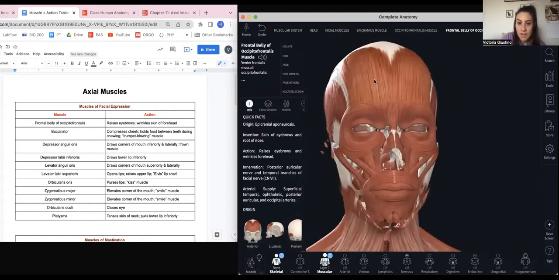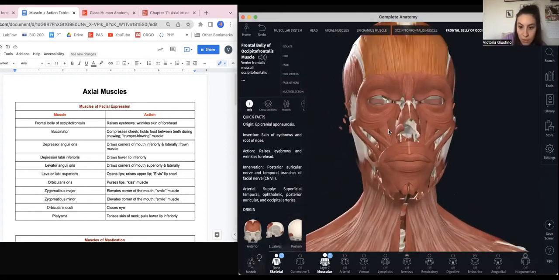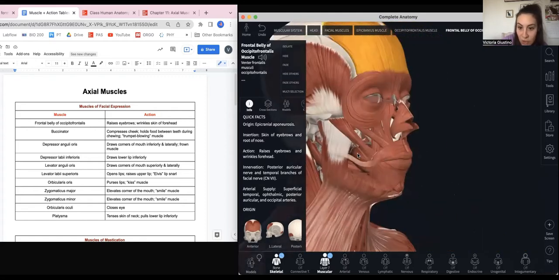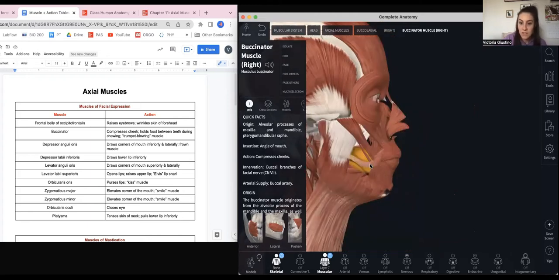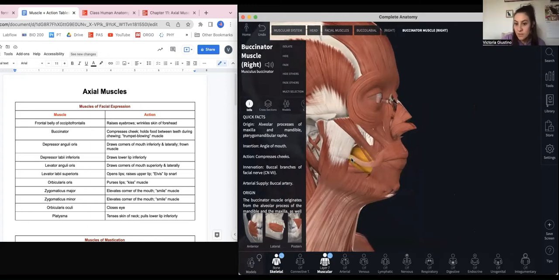All right. So our next muscle then is the buccinator muscle here. This one originates back here, kind of on the alveolar processes, remember, of the mandible and the maxilla, and then it's going to insert right on the angle of your mouth. What the buccinator muscle does, going from I to O, you can imagine it's going to compress your cheek.